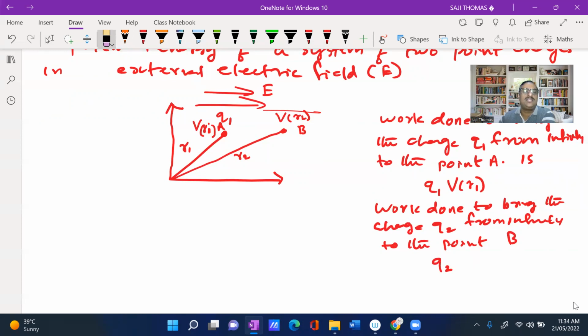V(R2) is the potential at the point B due to the external field.